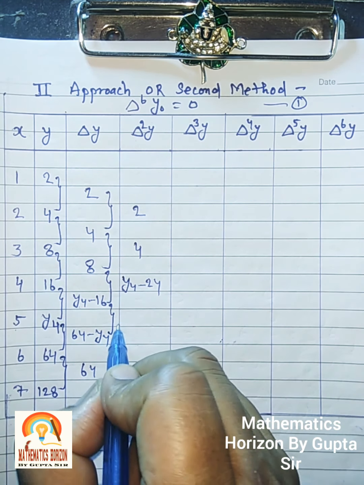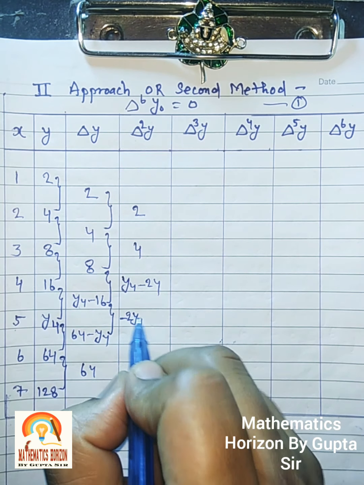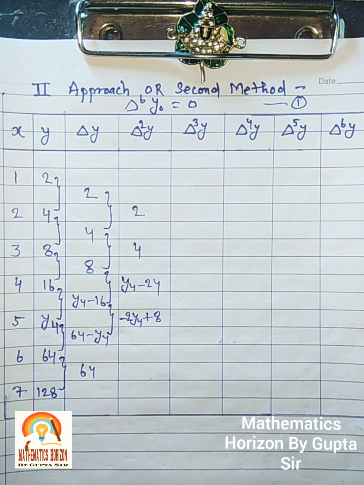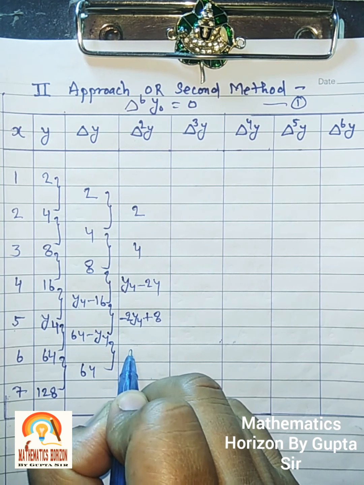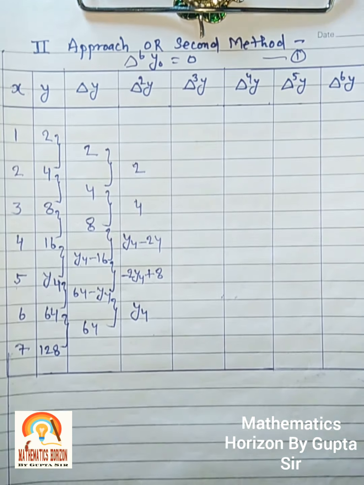What we have here is minus 2y4 plus 80, and here 64 minus 64 plus y4, and the difference of these two is y4.